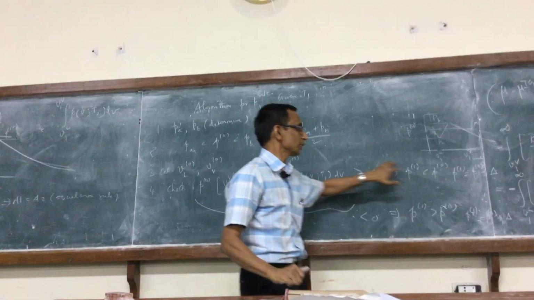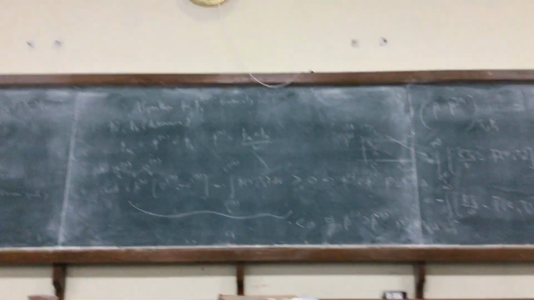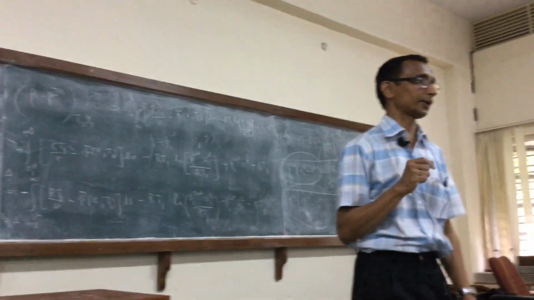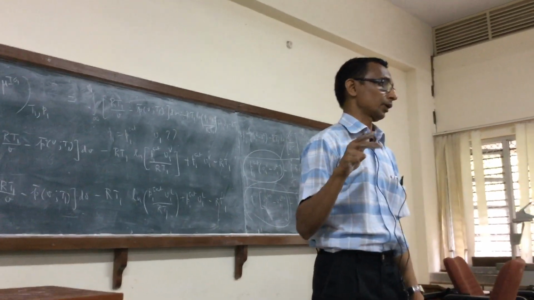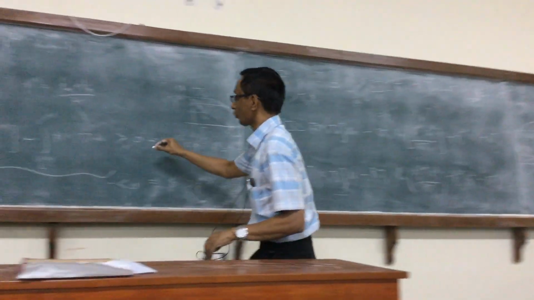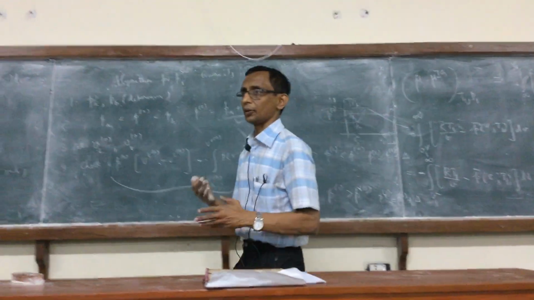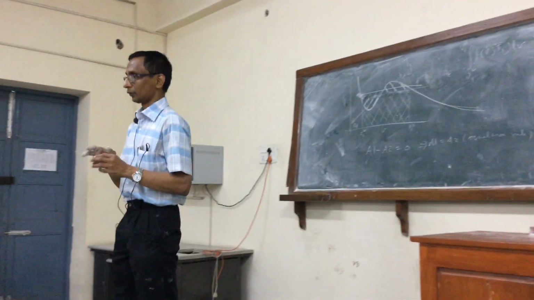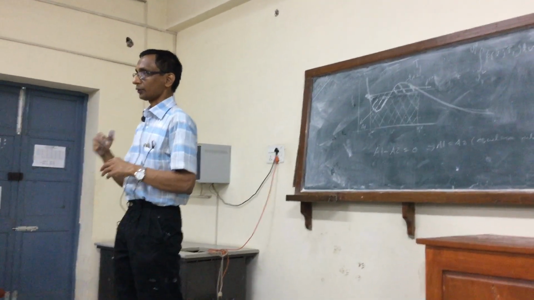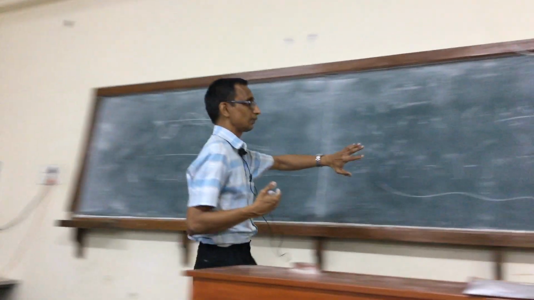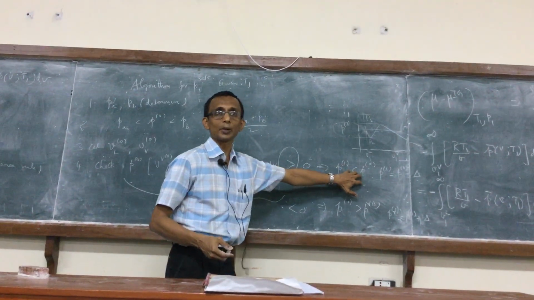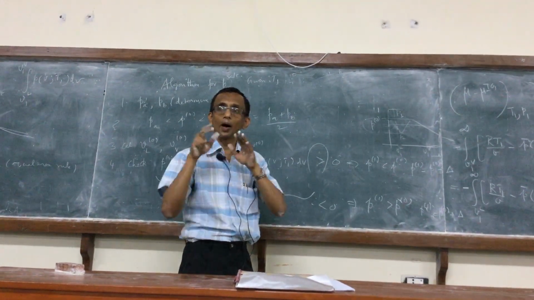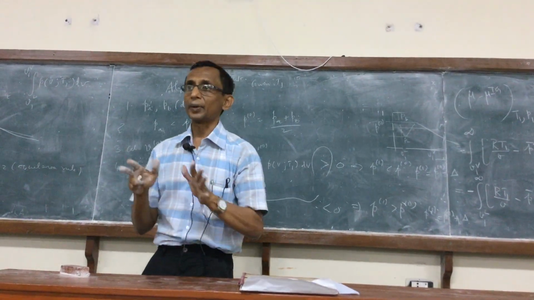So if we have an algorithm which says that P1 equals P0 minus some small quantity delta for all possible values of this quantity which is greater than 0, then the algorithm might not be that efficient. It might converge very slowly. Definitely converge, because if it is much greater than 0, then we want a corresponding adjustment in the pressure so that it is pushed towards the correct value. You cannot say all the time I will give the same increment or decrement.